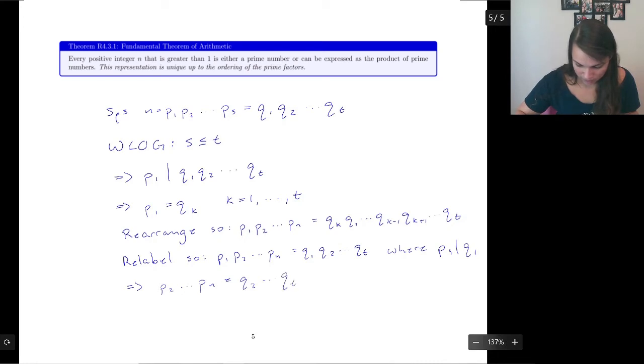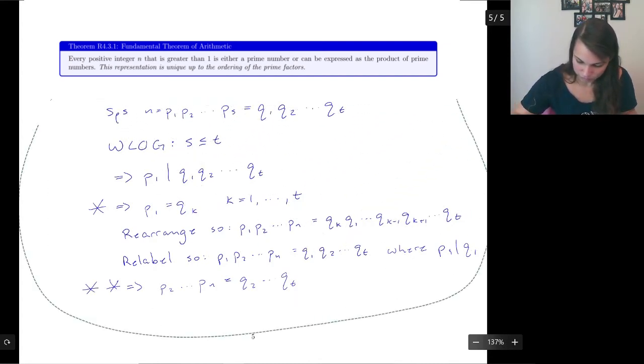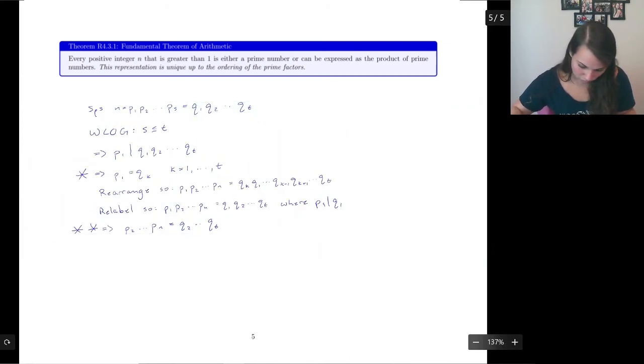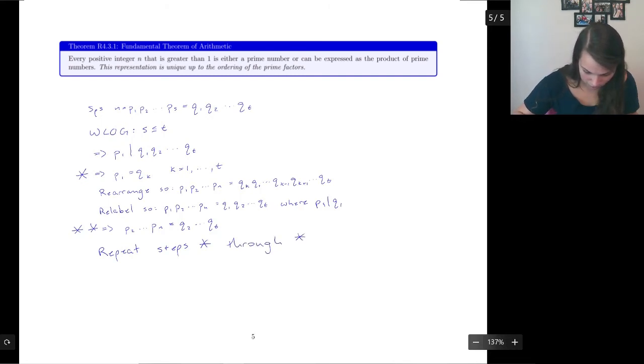And now it should become explicitly clear what we're going to do: we're going to take these steps and we're going to repeat them. So repeat steps star through double star.